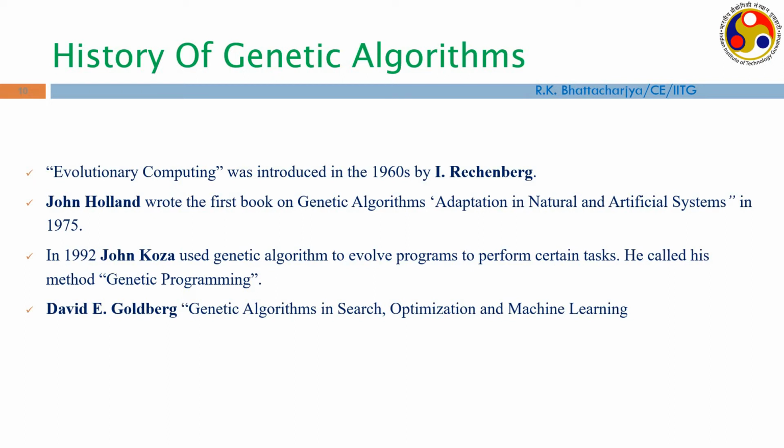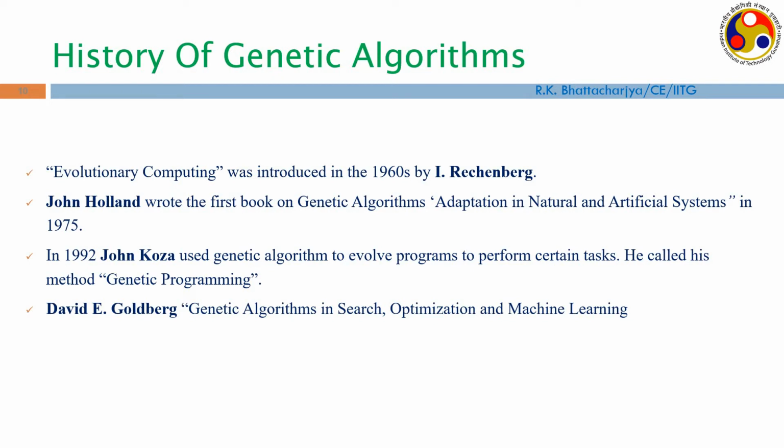Now John Holland wrote the first book on genetic algorithm, that is Adaptation in Natural and Artificial Systems, in 1975. He is basically the first person to write a book on genetic algorithm. And then in 1992, John Koza used genetic algorithm to evolve programs to perform certain tasks.